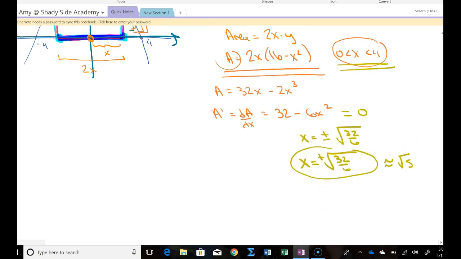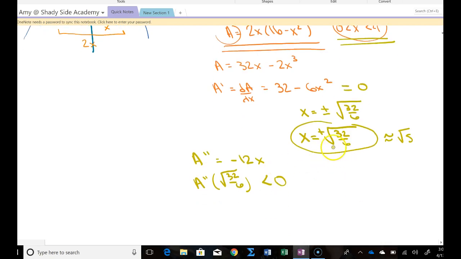I'm looking here at A prime, and I'm choosing between a first derivative test for extrema versus a second derivative test for extrema, and I'm going second. A double prime is going to equal negative 12x. And A double prime at my critical point, the square root of 32/6, is going to be negative.